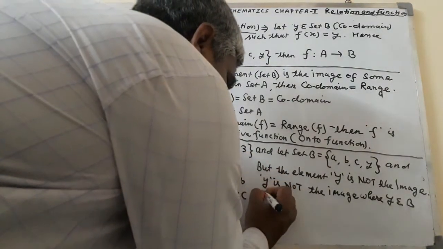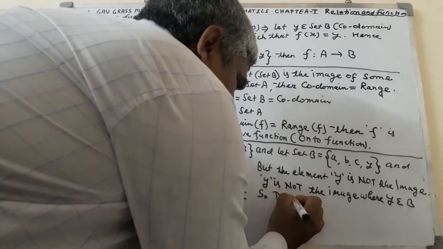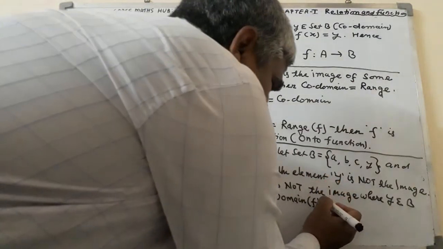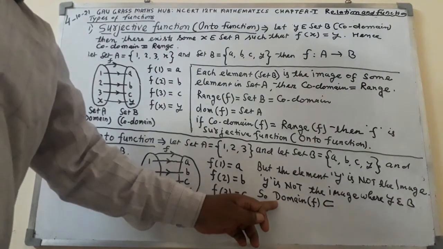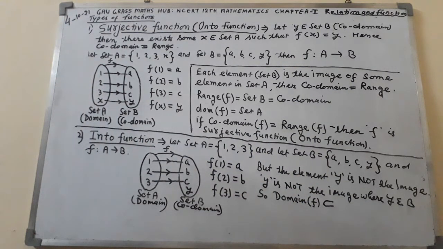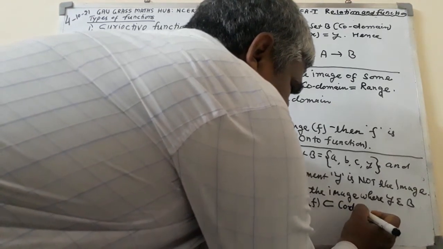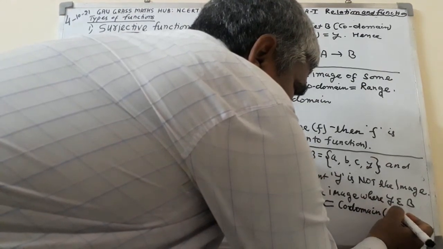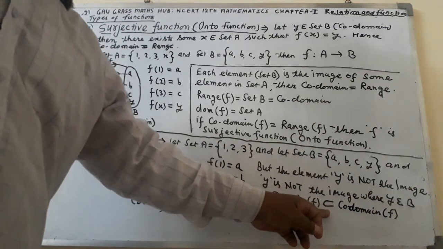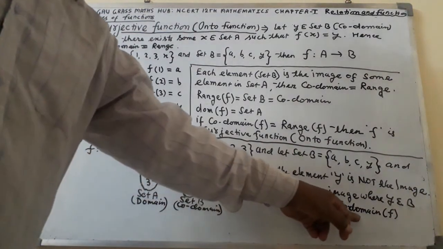Therefore, the domain of f is a subset of the codomain. Domain of f is the subset of codomain in this case.